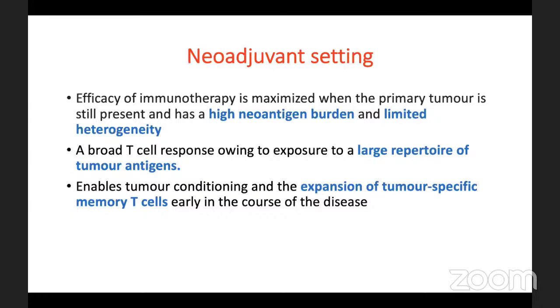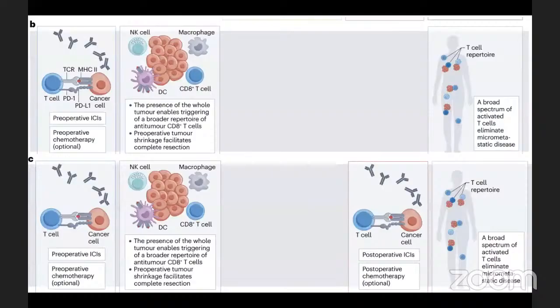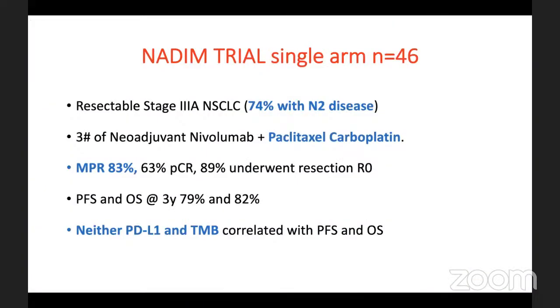It enables tumor conditioning right from the beginning, and it enables expansion of tumor-specific memory cells early in the course of disease, which continues on during the preoperative, perioperative, and postoperative periods. That is the advantage of giving immune checkpoint inhibitors in the neoadjuvant setting, that we have a broader repertoire of anti-tumor CD8 killer T cells, and that can carry on to the postoperative period.